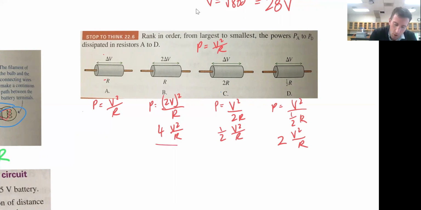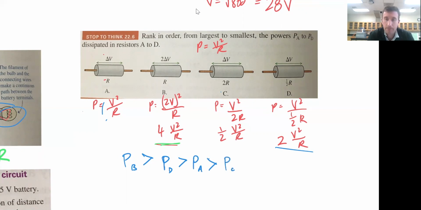Biggest is 4. So that one is my big guy, and that's B. So power of B is the biggest. And then second would be 2V, so that's D, power of D, and that's bigger than the next biggest, which is 1V squared over R, that's power of A, and then the last lowest one is 1/2, which is power of C.